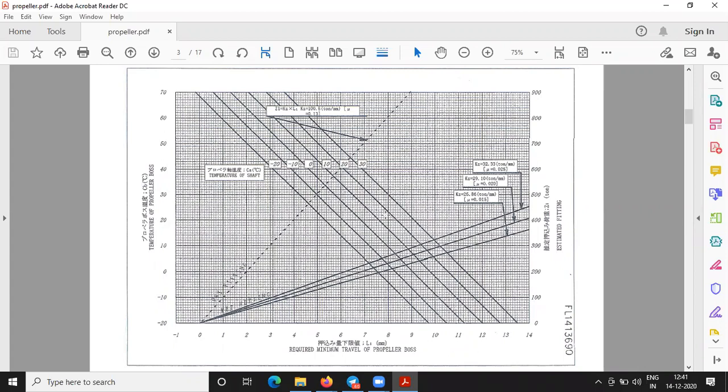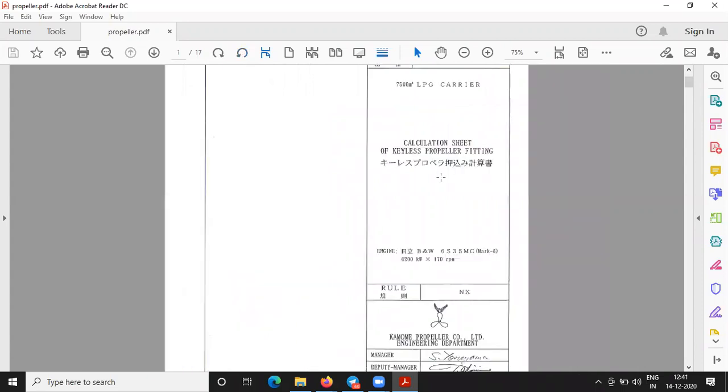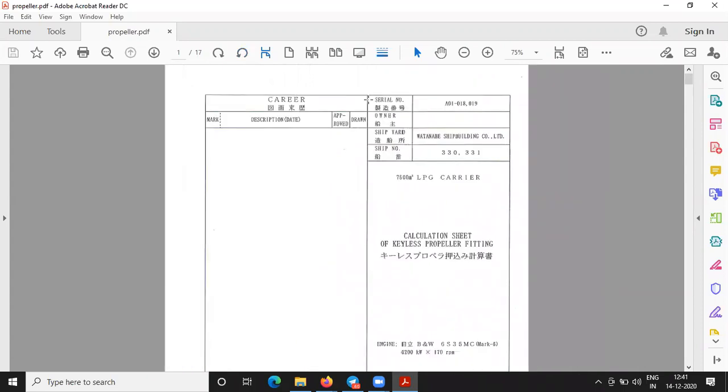Have you seen such booklets on your vessel? The one which lists the serial number. This will be given by the shipbuilding company, given with the manuals only. All the manuals, but we can't call them manuals, right?